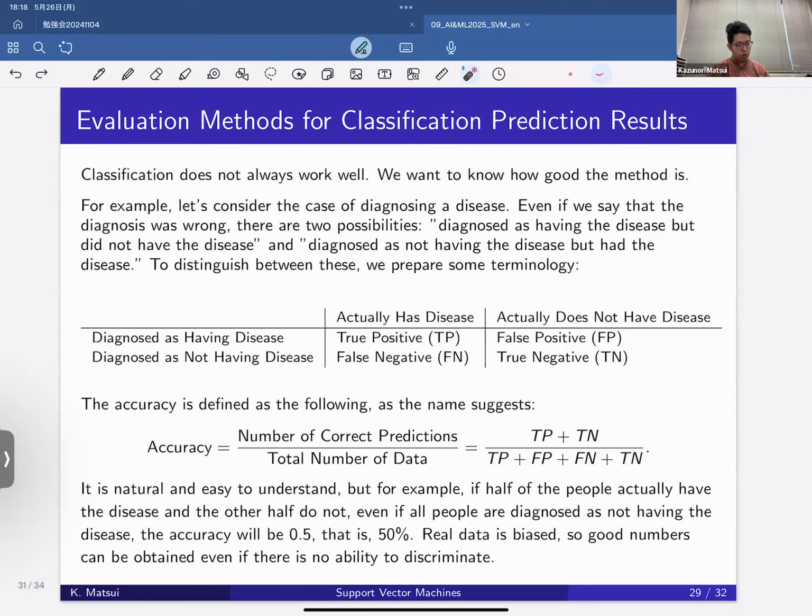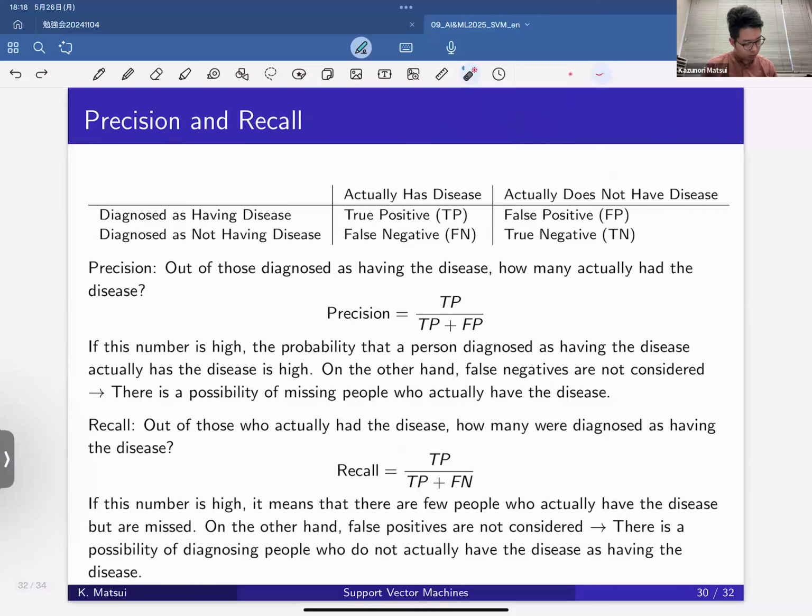So there are two concepts: precision and recall. First, precision represents how many of those diagnosed as having the disease actually had the disease.